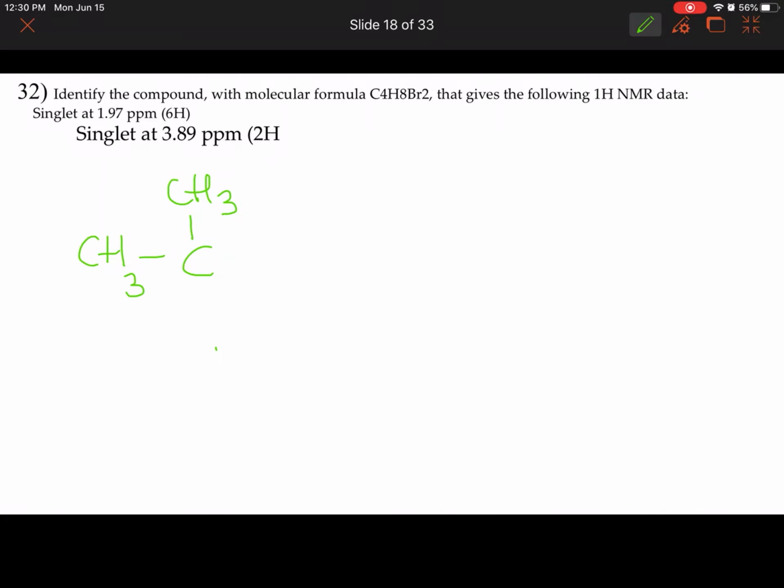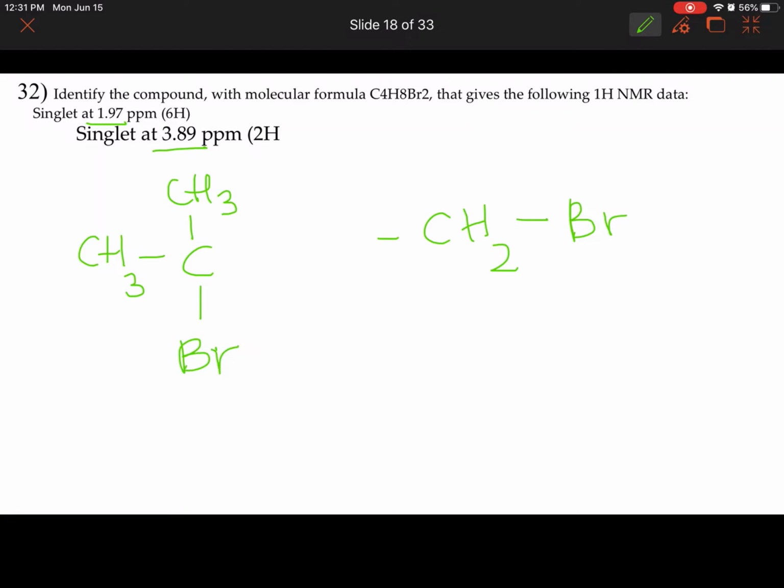Okay, so we found one piece of information. And then we are also given another singlet, 2 hydrogens, meaning you have 2 hydrogens on the carbon and the neighboring carbon should not contain any hydrogens, because if it does, then it cannot be a singlet. And look at the chemical shifts, 1.97 and 3.89. 3.89 is downfield compared to 1.97. So those 2 hydrogens should be directly connected to a bromine.